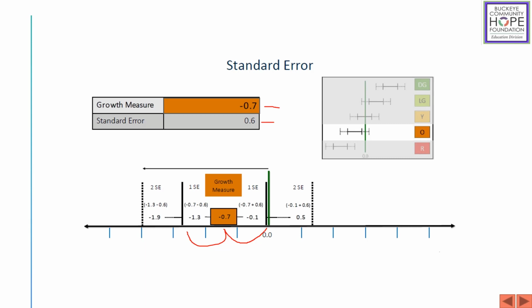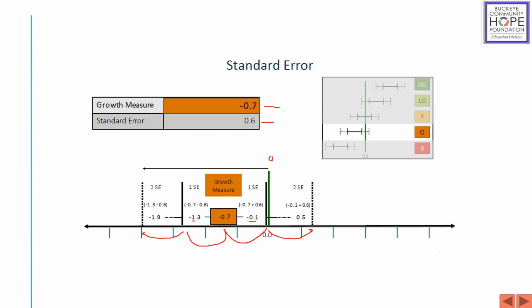So we end up going as far as negative 1.3 and as high as negative 0.1. The one standard error falls below the growth standard of 0. But when we use 2 standard errors, we go as low as negative 1.9, but as high as 0.5.